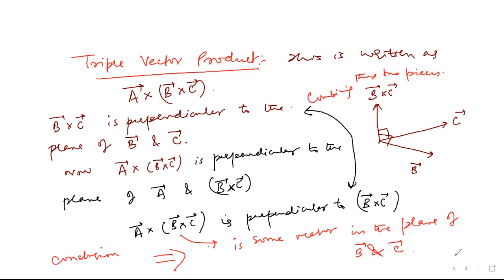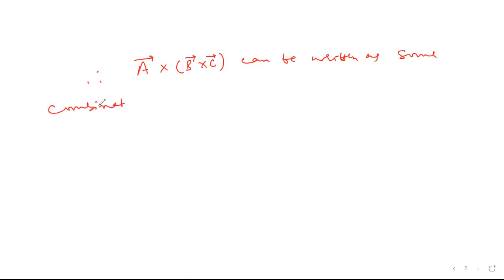So, therefore, A cross B cross C can be written as some combination, A times B plus B times C, because it is in the plane of B and C. You can write it in terms of B and C as this combination, where A and B are scalars.